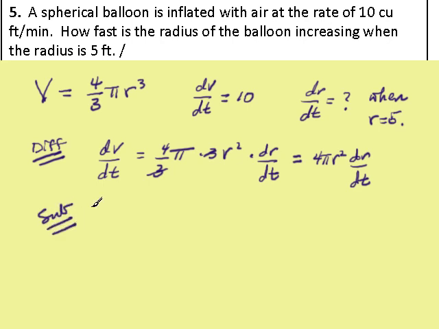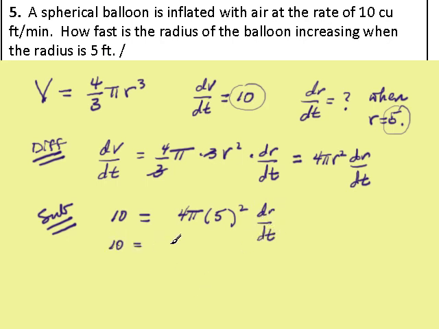We substitute in the constants only at the very end. Okay, so we're ready for that now. We're going to substitute in dV/dt equal to 10 and r is 5. So we have 10 is equal to 4 pi times 5 squared times dr/dt.